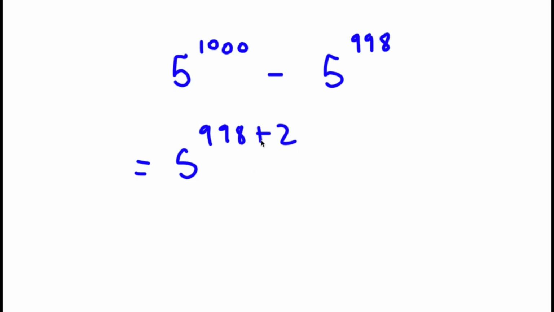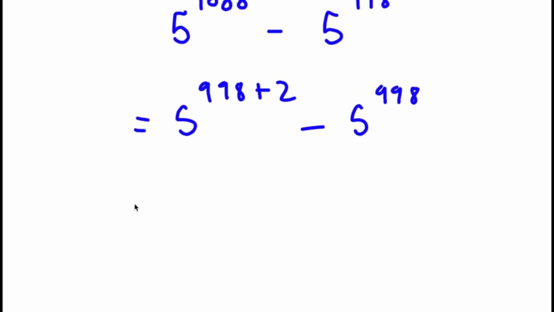So I have 5 to the power of 998 plus 2 minus 5 to the power of 998. Now, if I have something in the form a to the power of m plus n, this is equal to a to the power of m times a to the power of n.